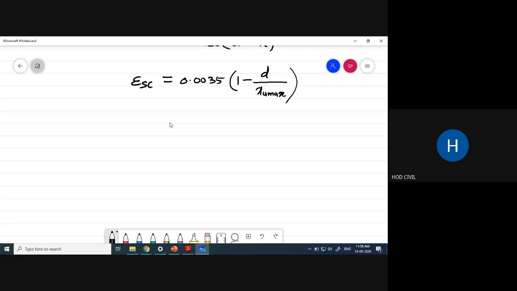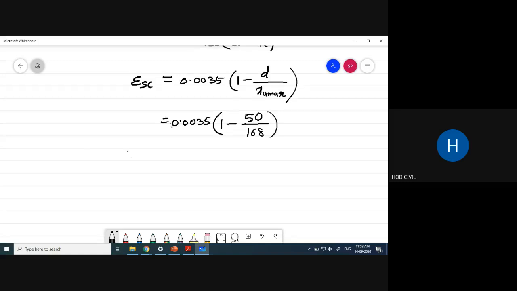Put all the values in the equation and tell me epsilon SC. So 0.0035 into bracket 1 minus 50 upon, what was the Xu max value? 168.